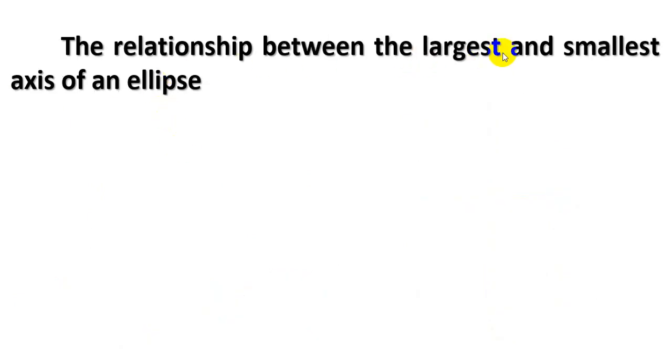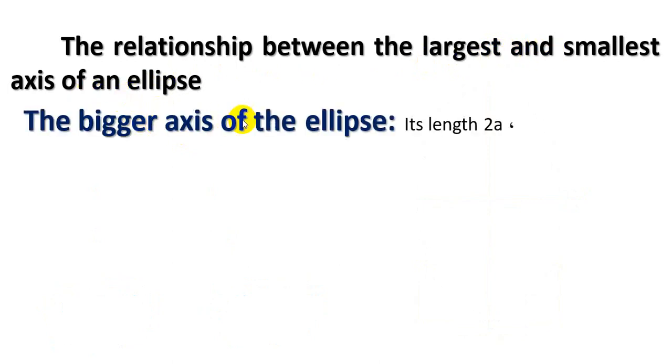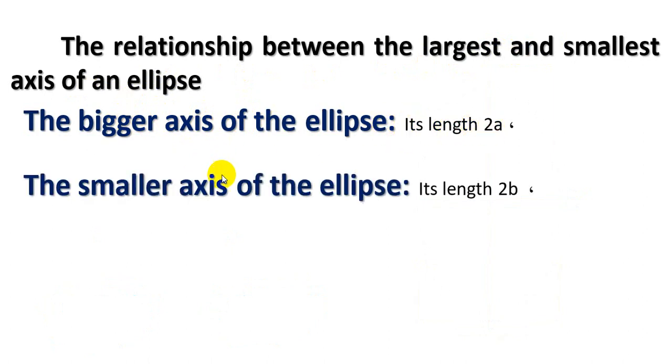The relation between the largest and the smallest axis of an ellipse: the bigger one has length 2a, and the smaller one has length 2b. So what will be the relation?